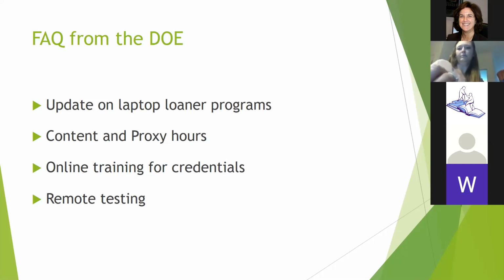There's a resource from the Chicago Public Libraries, which has a great FAQ technology page, with a lot of good wording and a good resource as you're trying to come up with wording for your own protocol and your own contract for your lending laptop program.